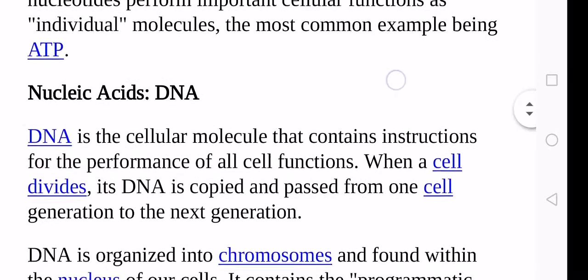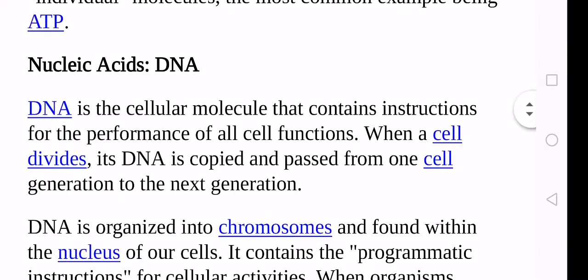Nucleic acids: DNA. DNA is the cellular molecule that contains instructions for the performance of all cell functions. When a cell divides, its DNA is copied and passed from one cell generation to the next. This is the main function of DNA, transmitting the genetic information.